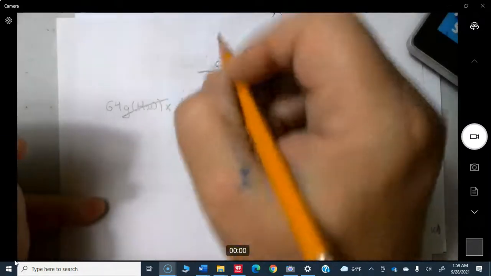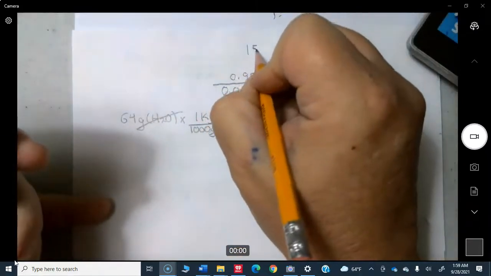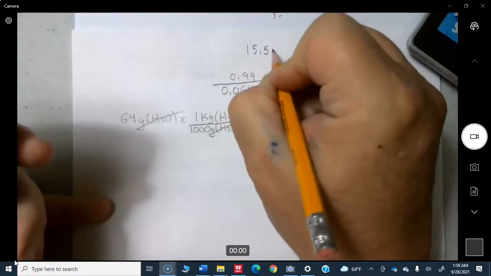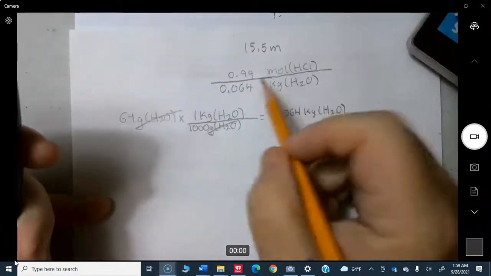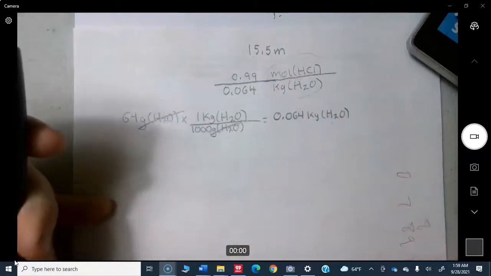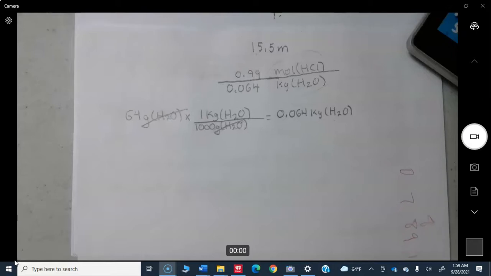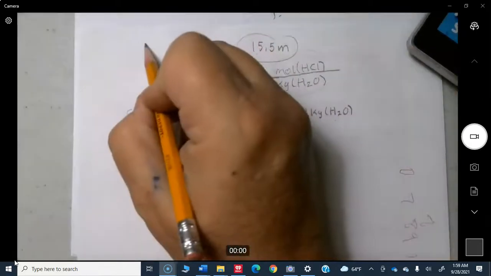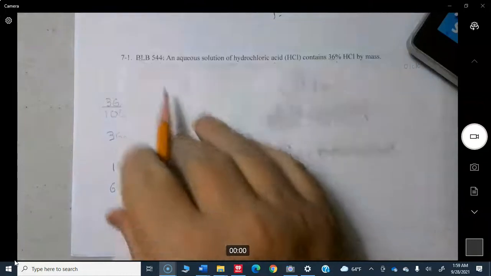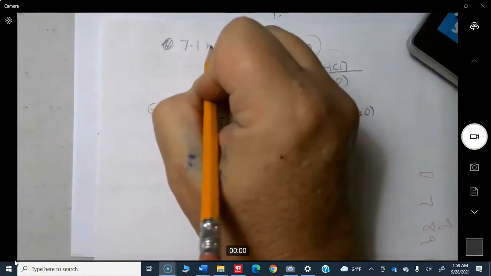And that equals, I'll write it up here, up above, 15.5 molal. Okay, this divided by this is 15.5, and that's molality. So that's 15.5 molal. So that's your final answer for 7.7-1B.